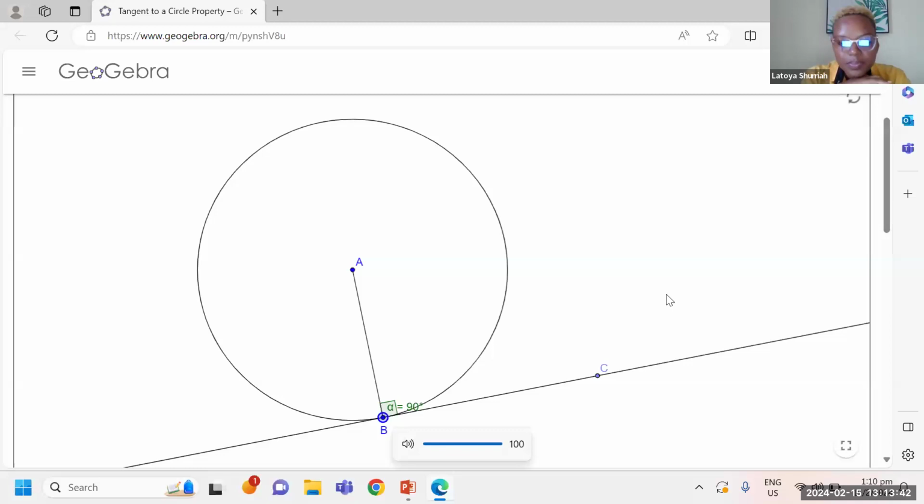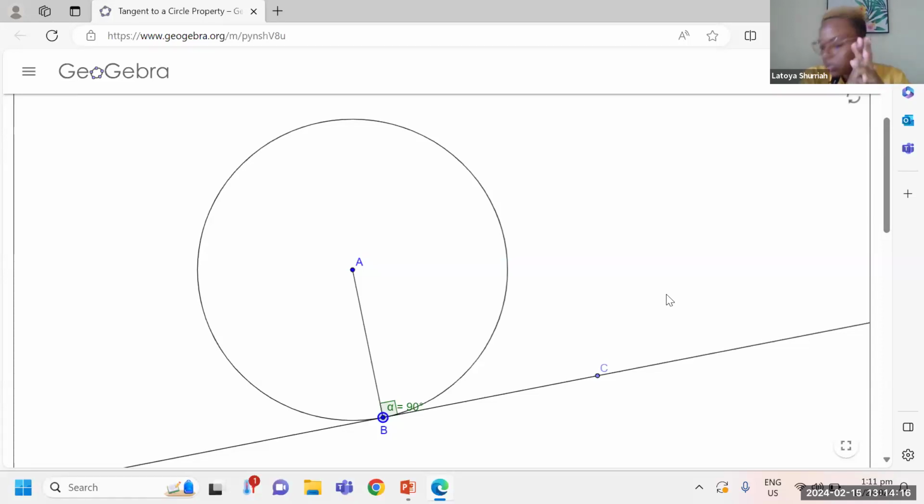I was saying that when a chord is subtended from the center of the circle to the circumference where a tangent is formed, an angle of 90 degrees is formed. All right, you said a chord. Is AB a chord? It's a radius. Okay. So when the radius, go on again. When the radius is formed from the center of a circle to the circumference and it touches a tangent, a 90-degree angle is formed.